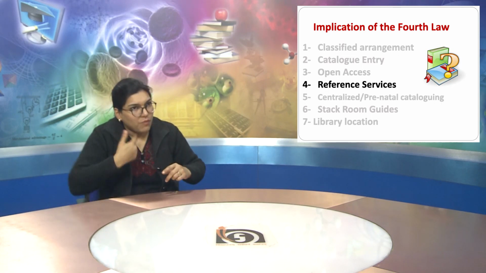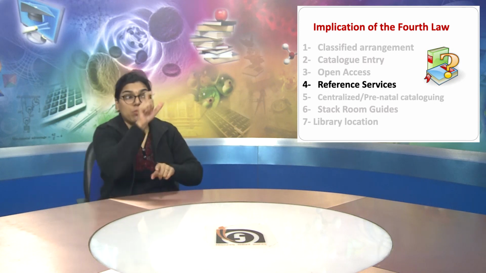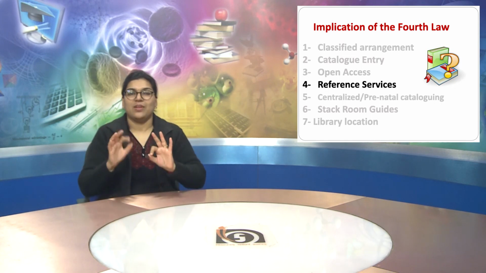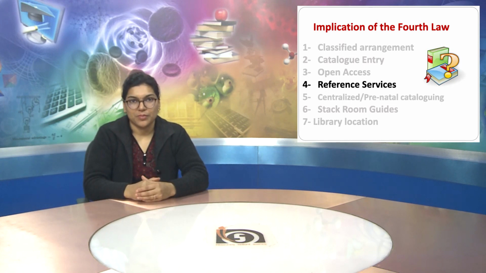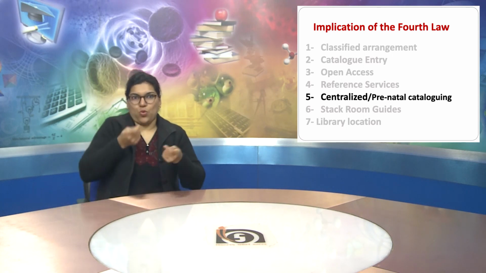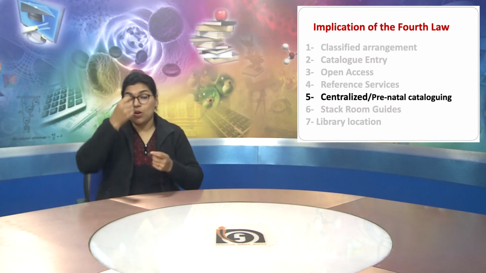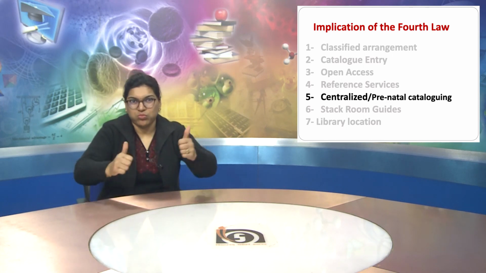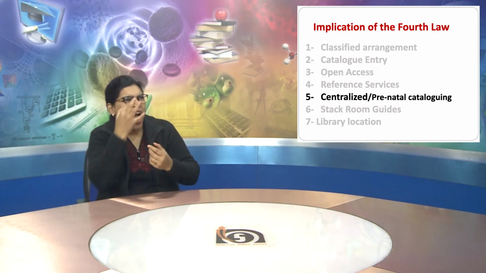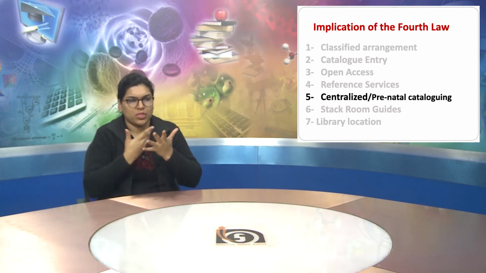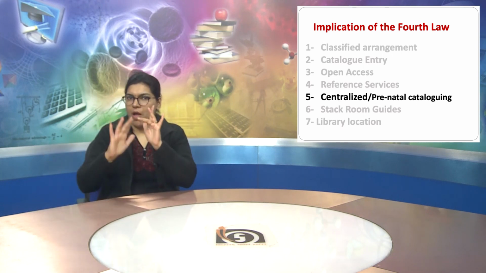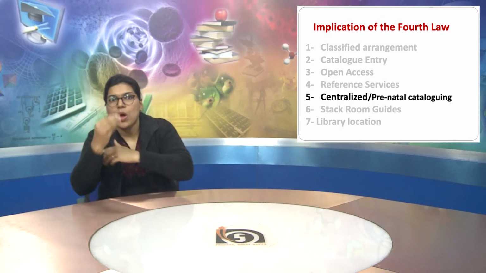The reference librarians should be able to answer the queries of the reader by providing ready reference service and long range reference service with the help of information tools. The fifth implication of the fourth law talks about centralized pre-natal cataloging. To save the time of the staff, Ranganathan has advocated pre-natal, centralized cataloging and classification.